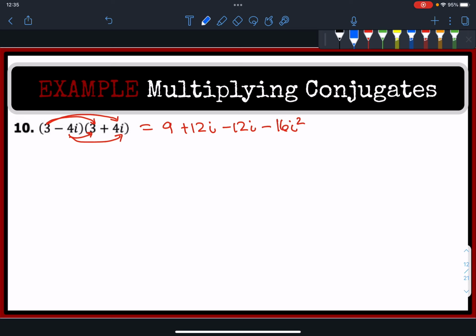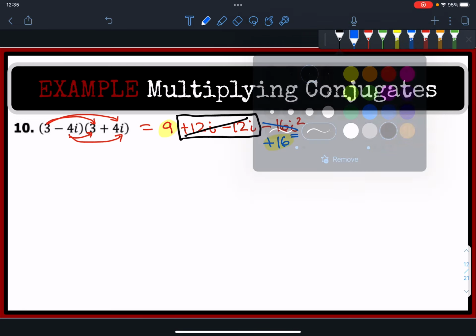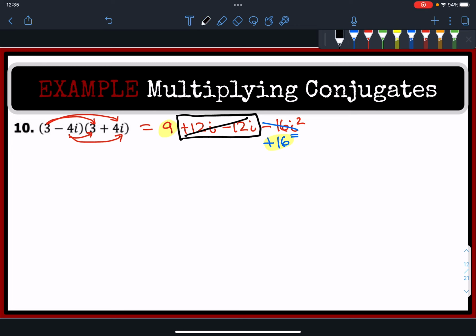Well, again, because of the i, we multiply negative 16 with negative 1, which is going to become positive 16, which lets us add these two numbers together. And because these numbers are opposites of each other, this is going to cancel out. 12 minus 12 is going to equal 0. So we're only adding 9 and 16, which is going to equal a total of 25.